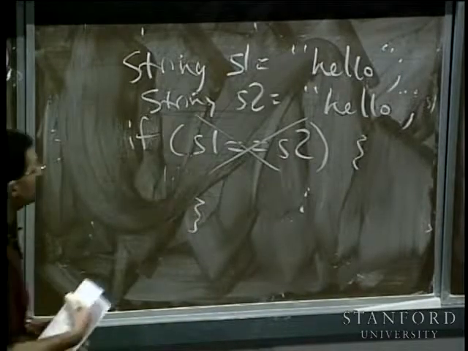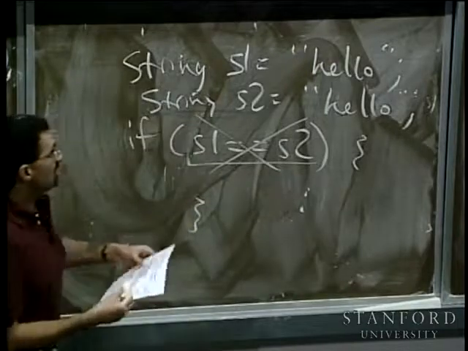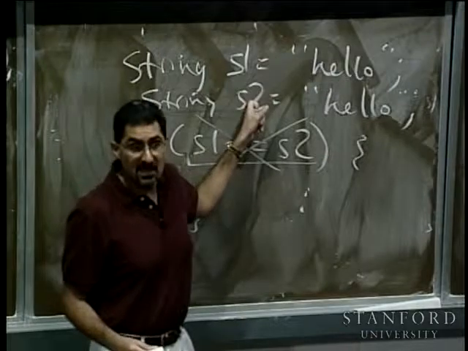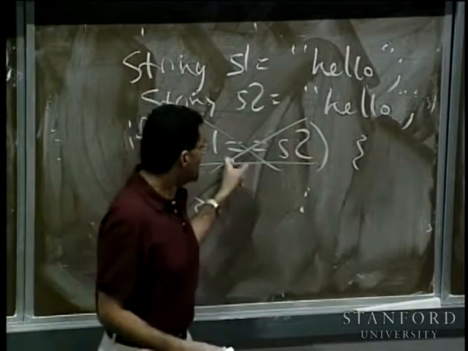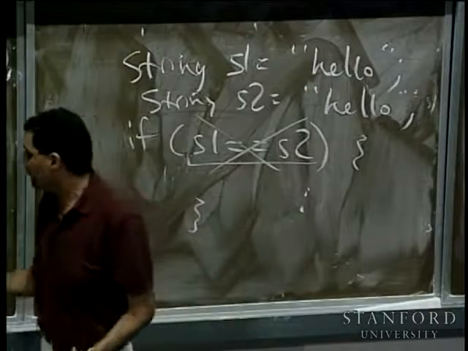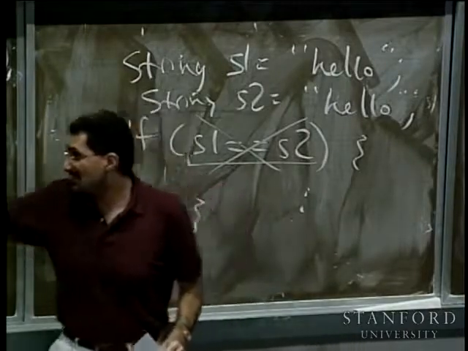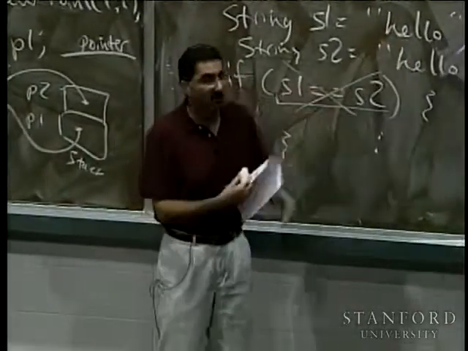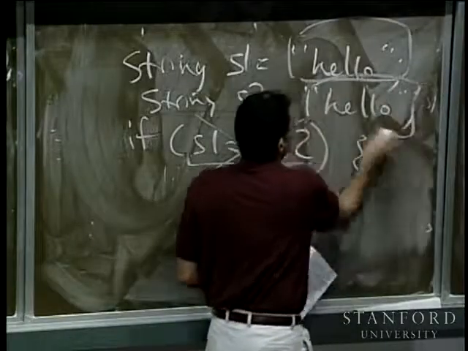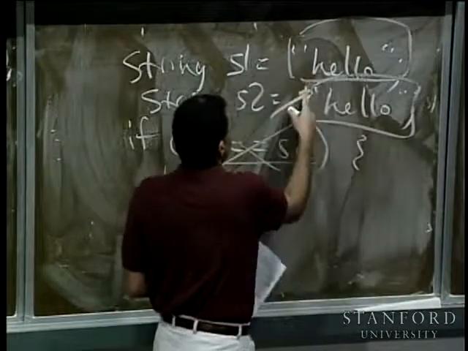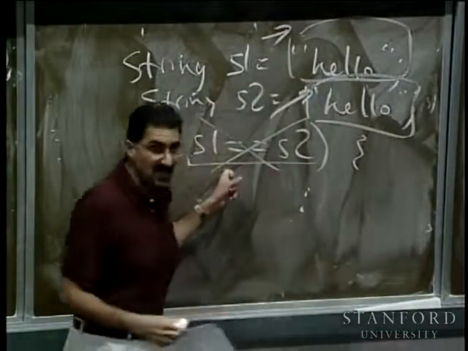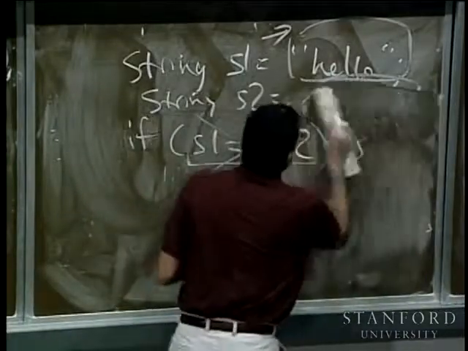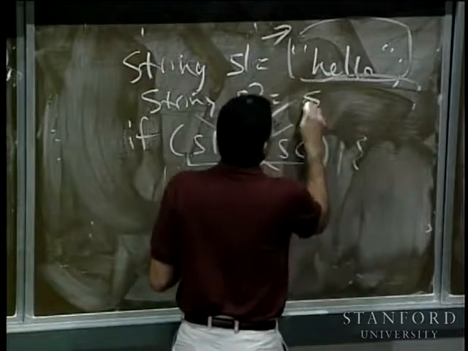The reason it didn't work is when you check for equality here, it's not checking to see if these strings have the same characters. These strings are objects. They have memory associated with them. When you check to see if the actual objects are equal to each other, it's looking to see, are they referring to the same actual thing underneath the hood? These are not. These have two versions of hello in different places in memory. One's over here and one's over here. So s2's a pointer here, s1's a pointer here. These guys are not equal to each other. They would only be equal to each other if they were in fact the same object, and I'd set s2 equal to s1.